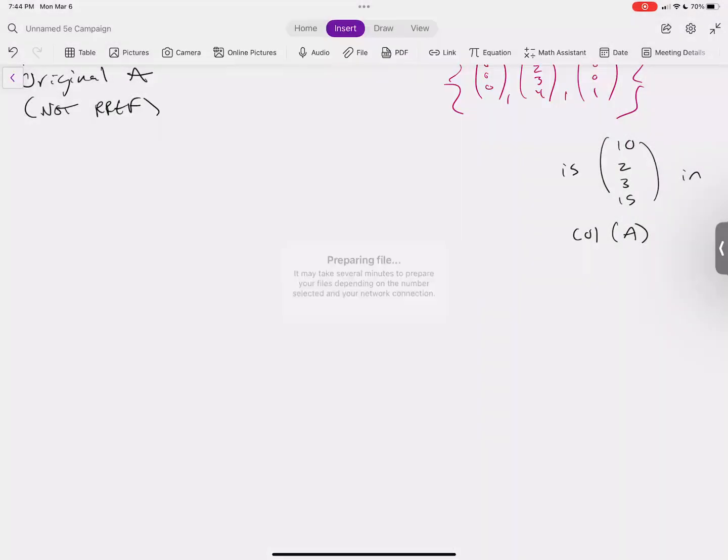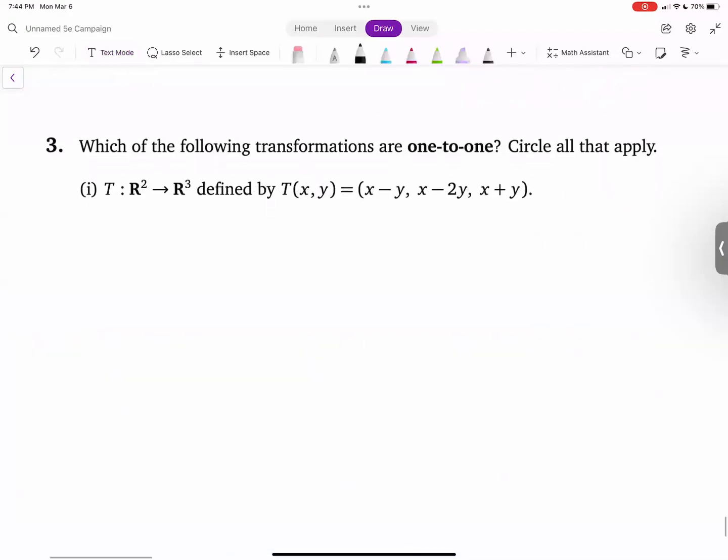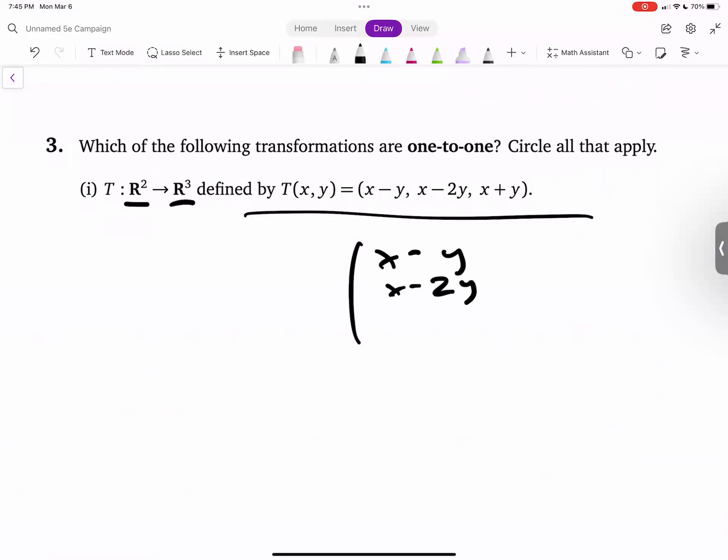Okay, so let's do 3i real quick. Which of the following transformations are 1-to-1? So this is asking us if this is 1-to-1. Essentially we're constructing a transformation from R2 to R3 defined by this. We can rewrite this as a vector vertically because that's how I like to see it: x minus y, x minus 2y, x plus y. What do we see here?